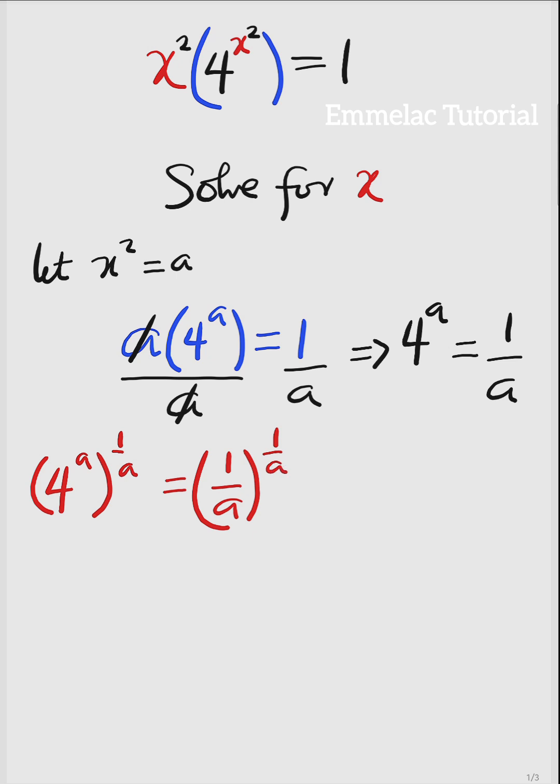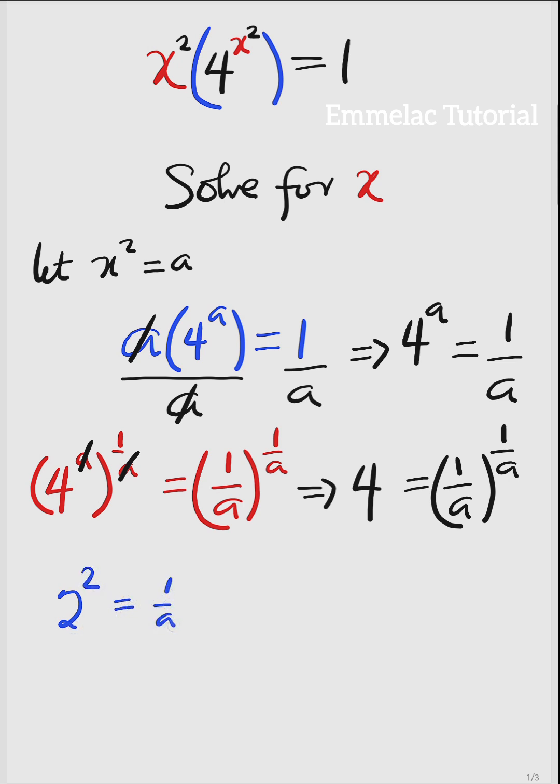So by doing this, this one clears off this, so this becomes 4 equals (1 over a) all raised to 1 over a. So at this point now, our 4 can be written as 2^2, equals (1 over a) all raised to 1 over a.